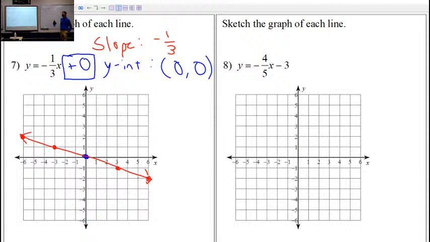Next one. I'd write these out so you get used to what's your slope, what's your y-intercept.